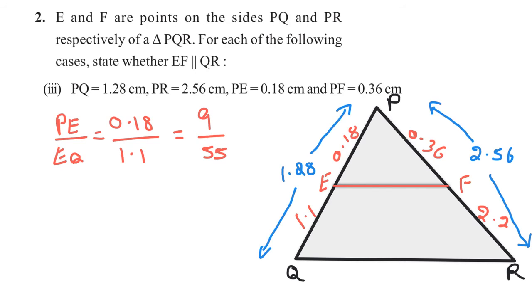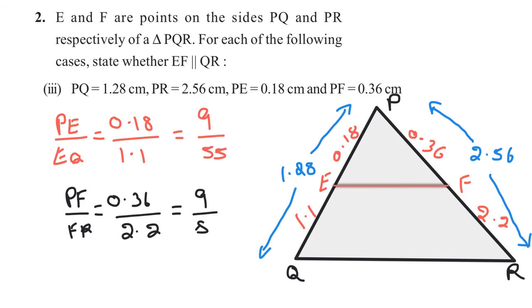Now we will check PF over FR. PF is 0.36 and FR is 2.2. Simplify, you get 9 over 55. So the ratios are the same. Therefore, EF is parallel to QR. Great. That's how we use the theorem again.